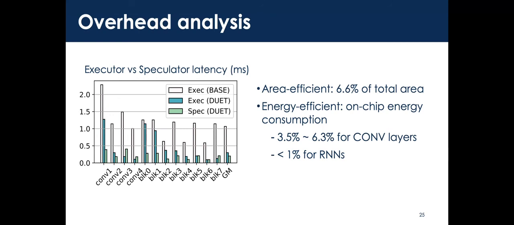Our design choice of the speculator takes 6.6% total chip area. And of course, a larger speculator would further reduce latency, but contribute little to the final performance. Energy-wise, the speculator consumes 3.5 to 6.3% on-chip energy for those conv layers, and less than 1% for RNNs.